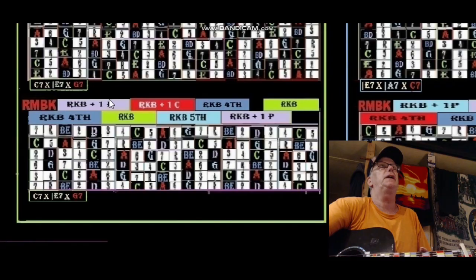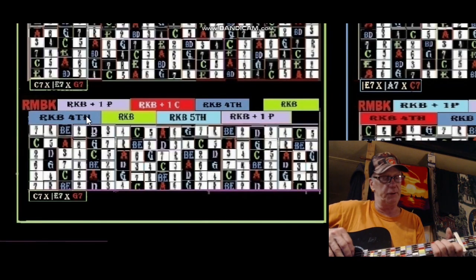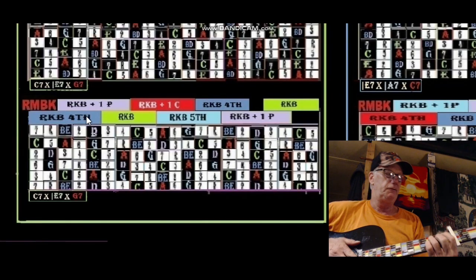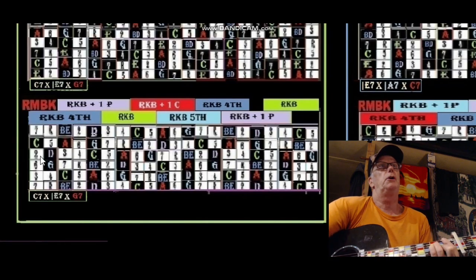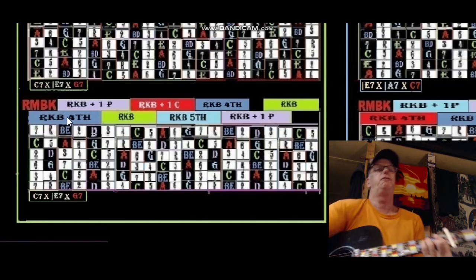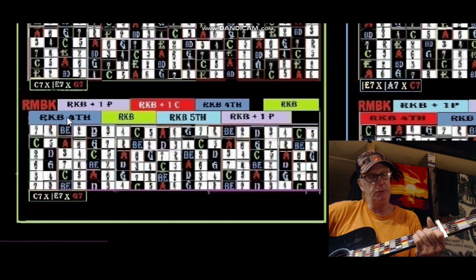It does follow cage, so this would be the 4th. So if we're here, the 4th would be here, barred, because of the barred E7 4th. I'm just showing you that's also the 4th, but we're not going to that 4th yet. The RMBK transformation happens to be the 4th of it. So we go again.